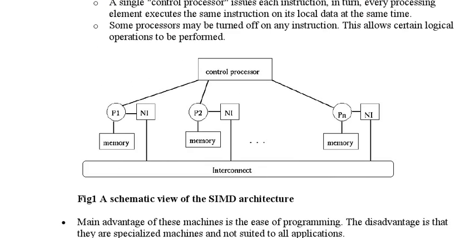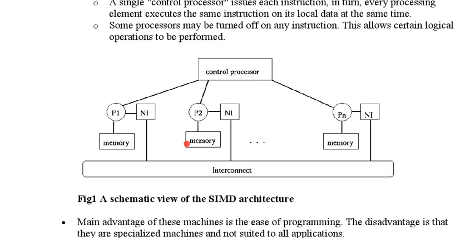So this is a generalized schematic view of the SIMD architecture. Here you will have a control processor which will route the different instructions, whichever can take the benefit of instruction level parallelism, to different processing elements.